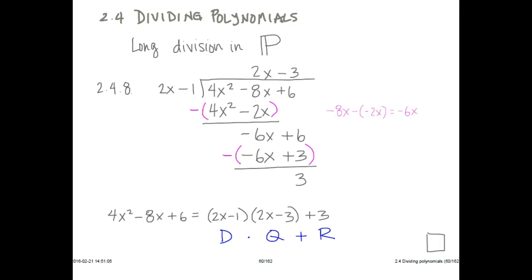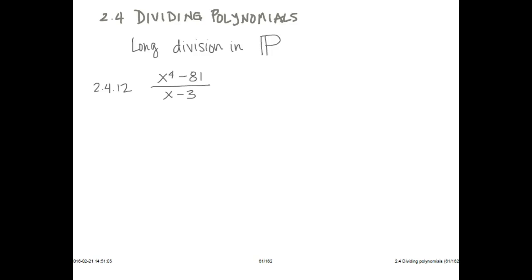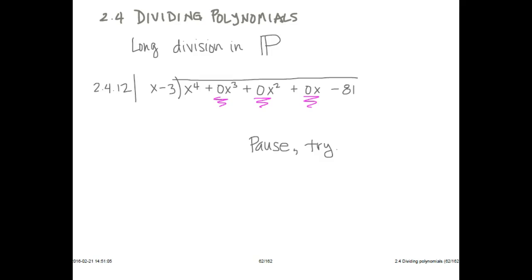We have the divisor times the quotient plus the remainder. Now, observe that unlike the previous cases, we don't have x to the fourth something, x to the third, x squared, x, and then finally a constant term. So when we do the long division, we have to carefully put in those columns. That's so we can keep everything aligned.